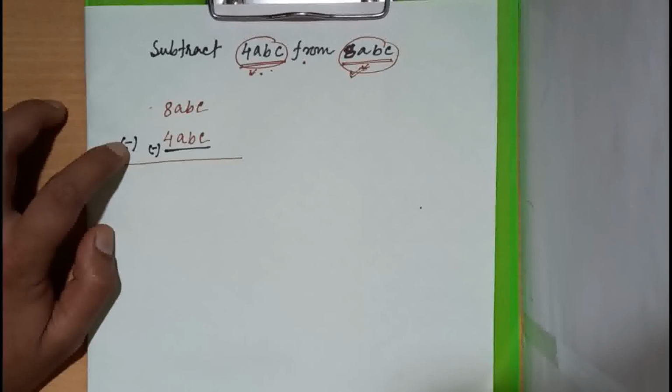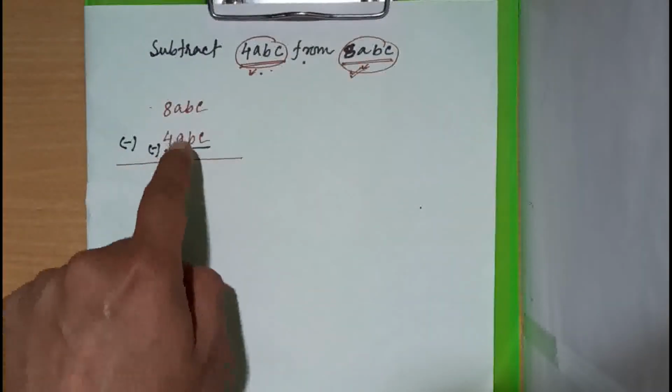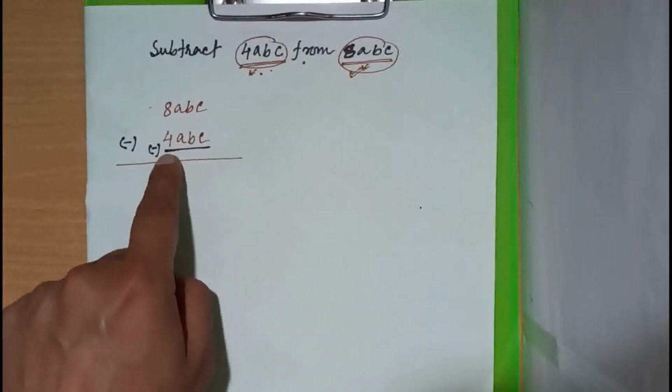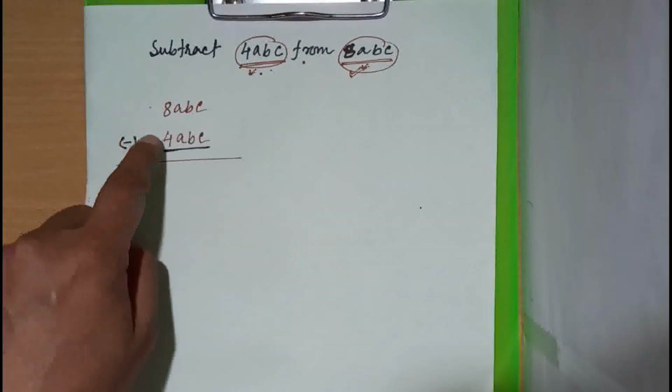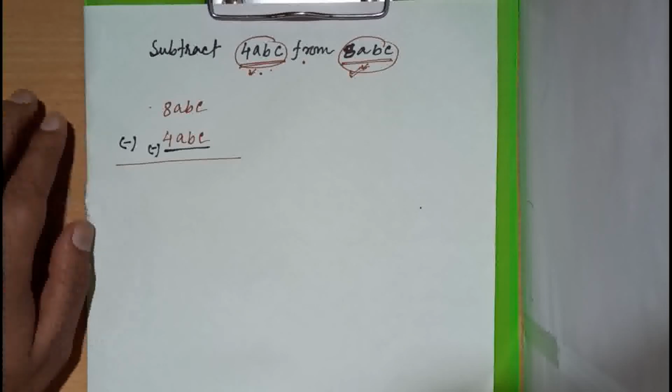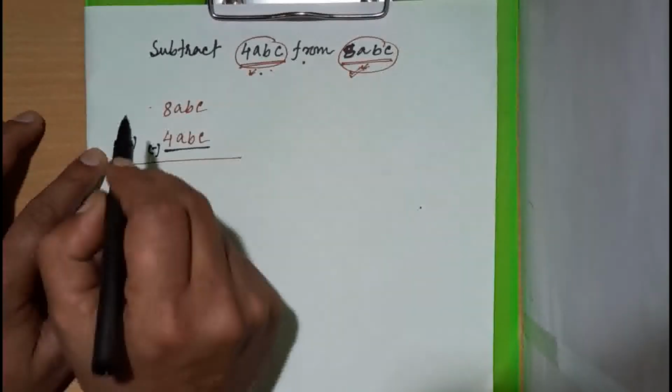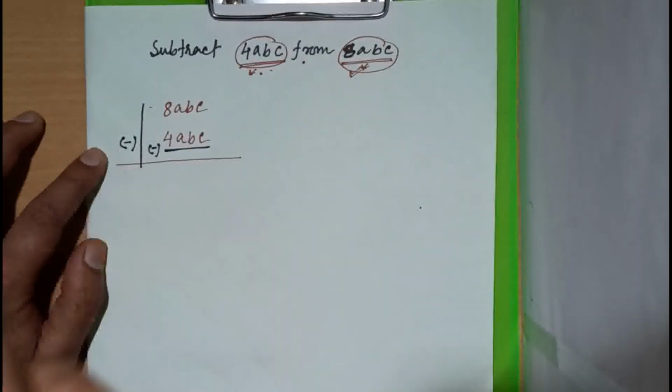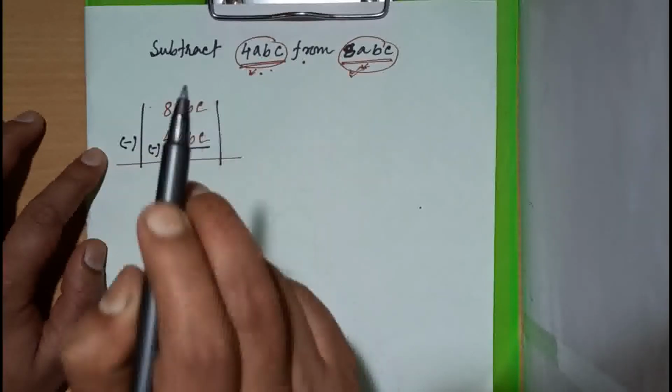Whenever you subtract, the sign of this particular expression will be changed. If it is positive, it will be changed to negative, and if it is negative, it will be converted to positive. Now you see it is just an addition.